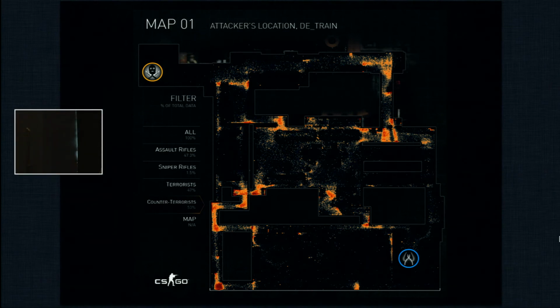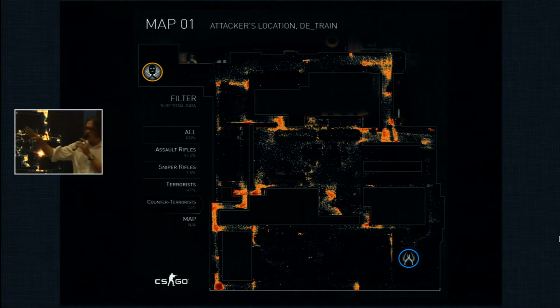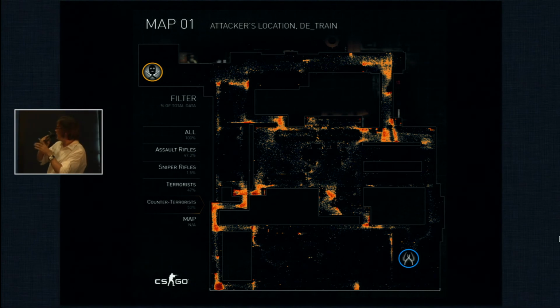Here too, it's interactive as it should be, so you can filter, you can choose which weapon to visualize, and then you see where most of the shootings take place. This was done by Valve.